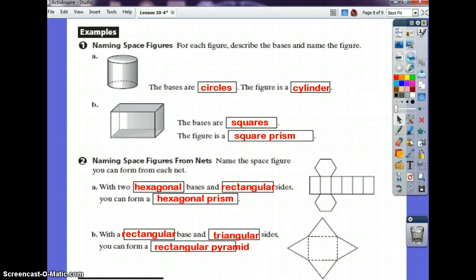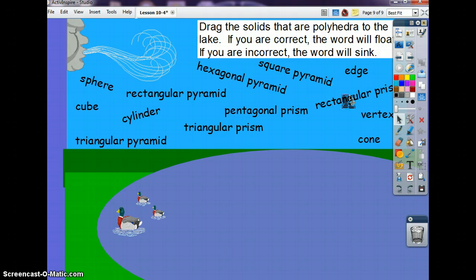That's a rectangular pyramid. To wrap up everything we've talked about today, let's see if we remember which of these figures, without seeing the picture, just by knowing what we've learned, are polyhedra. As we drag them to the lake, if they are correct, the word will float. If they are incorrect, the word will sink. So a cube is a polyhedra. Okay, that floats, so it must be correct.